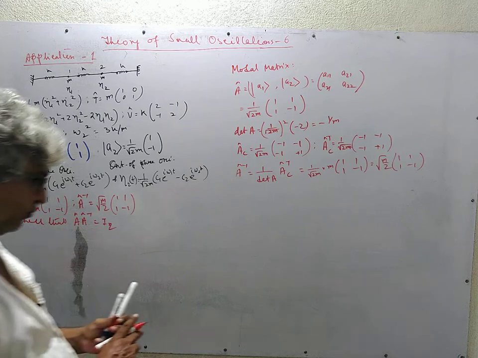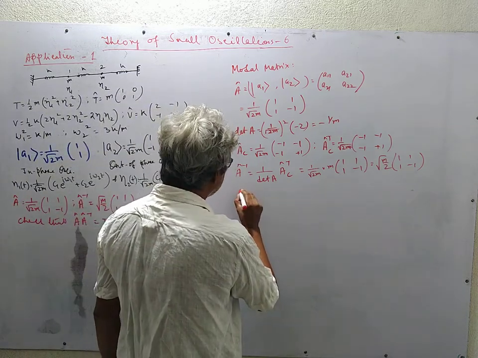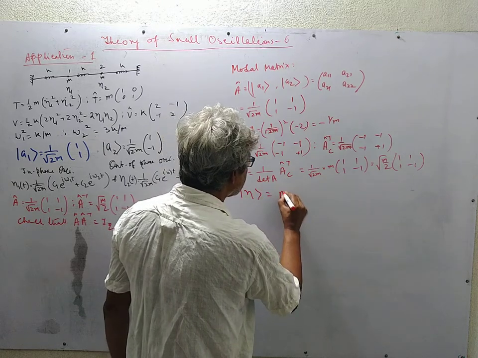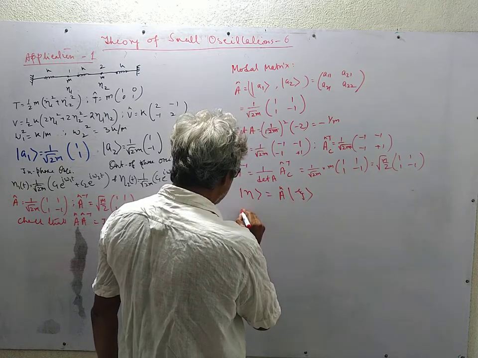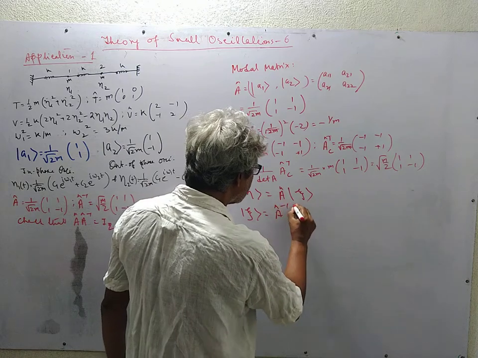Now we have to find out the normal coordinates. The normal coordinates were defined by this. Eta was defined as A matrix times xi, or xi was A inverse eta.